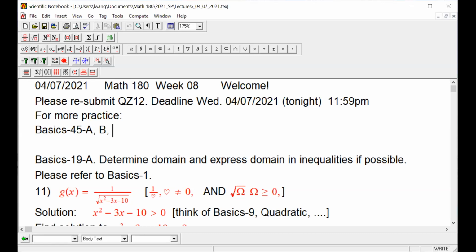These questions, let me tell you about these questions. 46A, 46B, and C. Recommended. We may or may not have time to do it in class, but I assure you, you're going to meet many of them in your calculus class, okay?